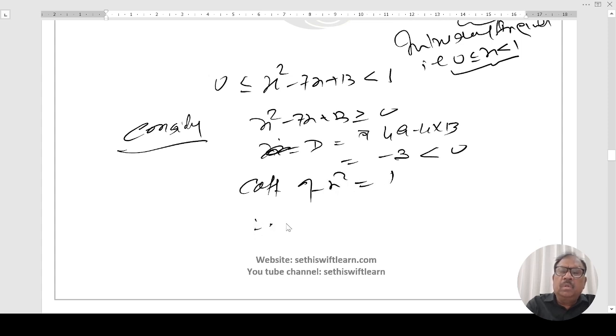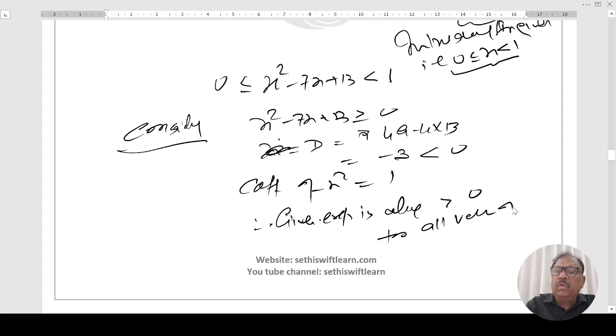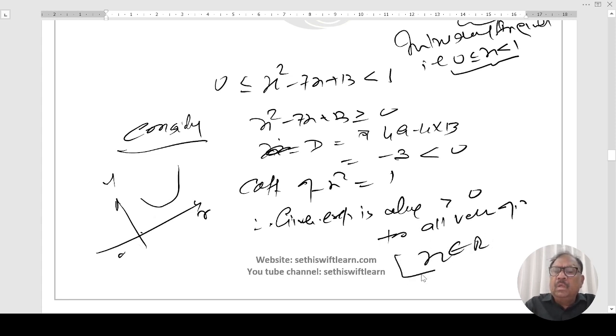Therefore, the given expression is always greater than 0 for all values of x. The graph will be like this on the x-axis, y-axis. Therefore, from this information, x belongs to R.